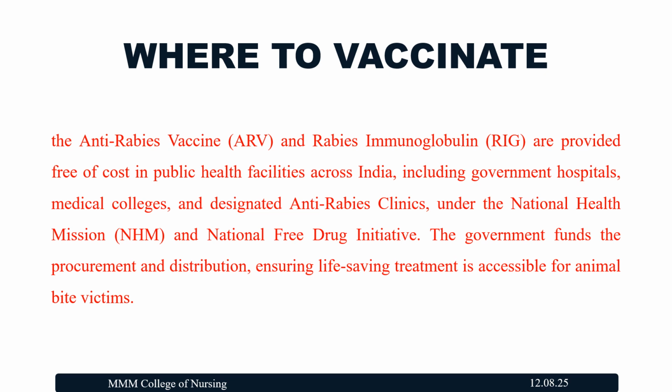The government funds the procurement and distribution, ensuring life-saving treatment is accessible for animal bite victims. So, anti-rabies vaccine is available in all government hospitals, including primary healthcare centers.